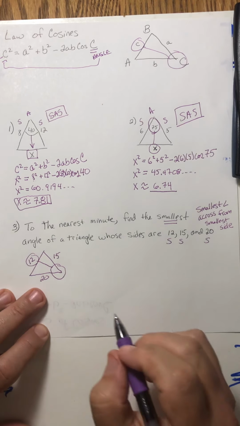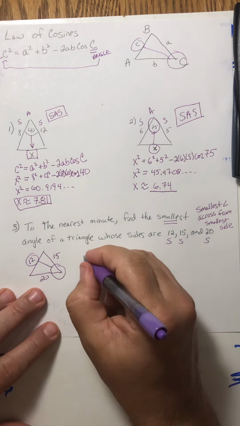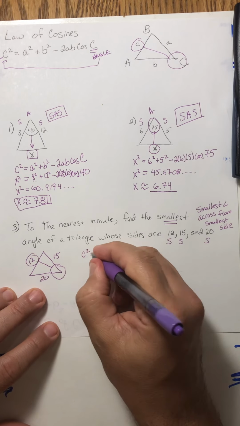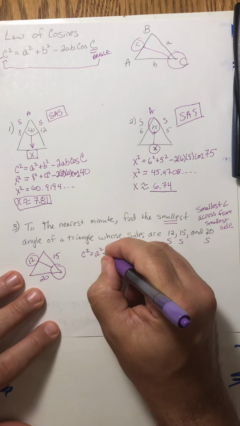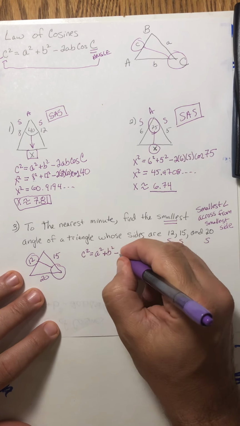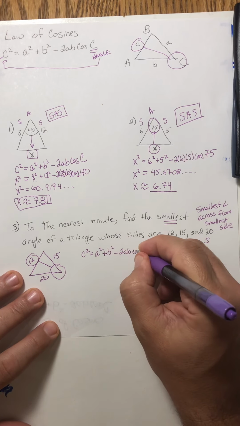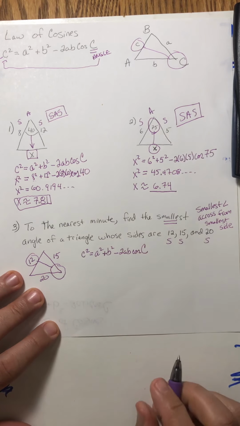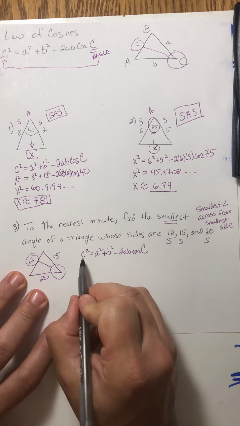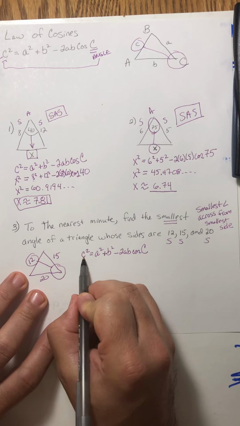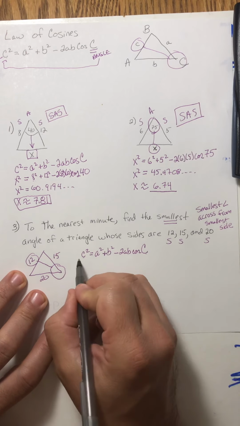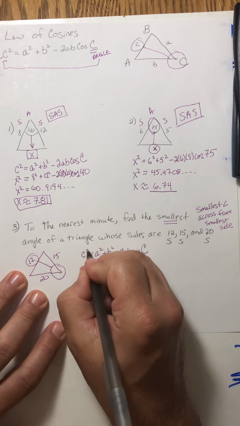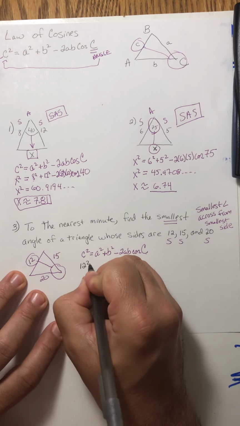So now what does that mean for the formula? So here's your formula. C squared is equal to A squared plus B squared minus 2AB cosine of C, the angle. Well, what does this mean now? This is the side that we know, that we're looking for this angle. Well, that means 12 is over here where the C squared is.